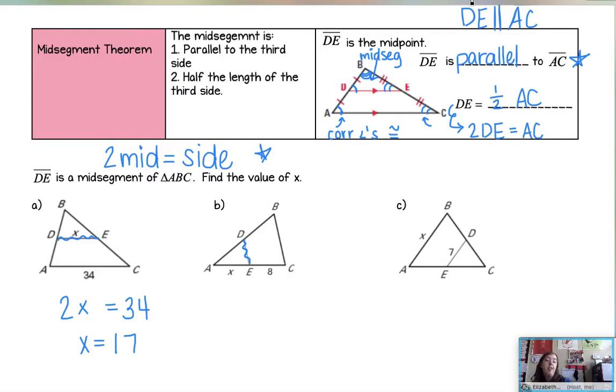They gave me lengths of a side of the triangle, right? But since DE is a mid-segment, what kind of point is E? Remember what kind of points connect? Yes, very good. The mid-segment connects the midpoints, right? So that means that E is a midpoint.